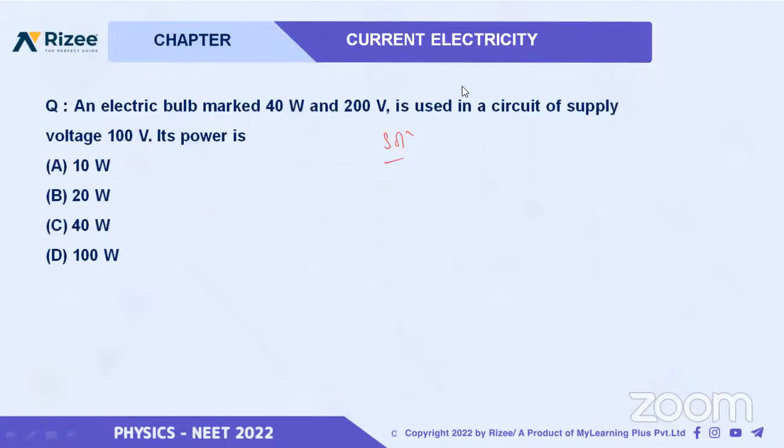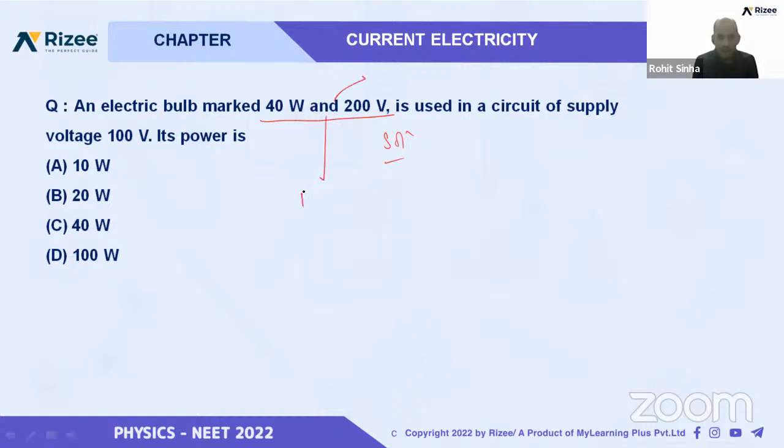Let us see then. An electrical bulb is marked like this, 40 watt and 220 volt. This is the rating of the device, and it is decided at the time of manufacturing only. Now let us see what will happen. What will be the resistance?